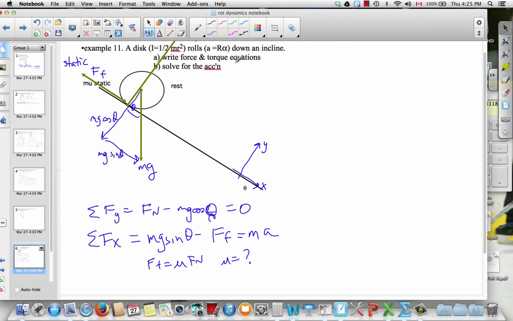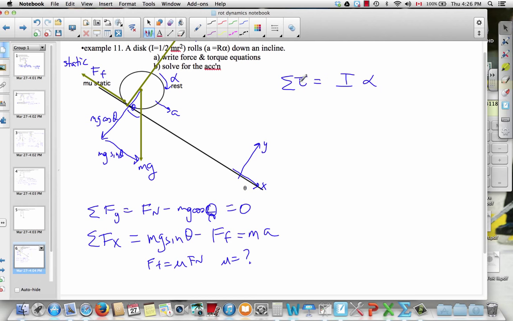So the way to proceed is to analyze the rotational motion of this object, because if it's accelerating and rolling, rather spinning, we should be able to find something out by applying Newton's second law for rotation.